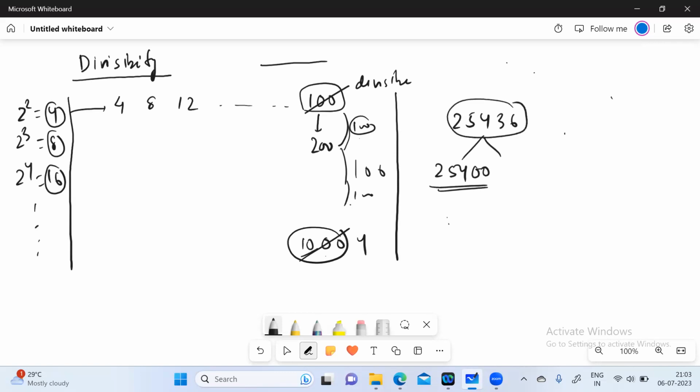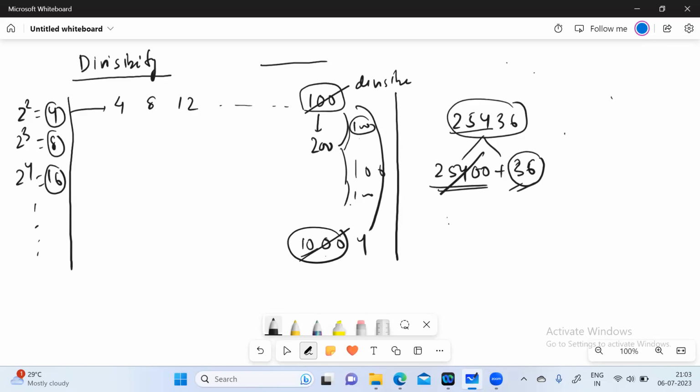We can break this number as 254 hundreds plus 36. Due to this explanation, the hundreds part will always be divisible by 4. We just need to check the last 2 digits.